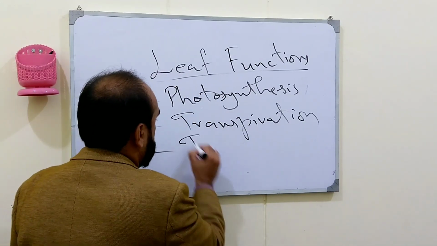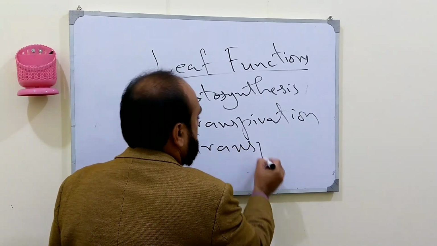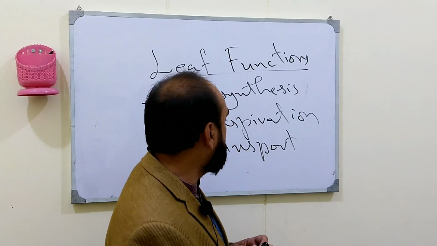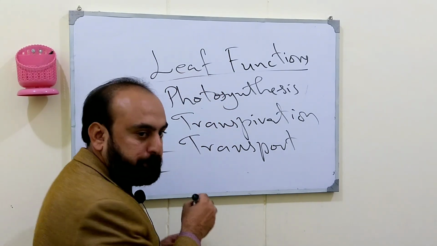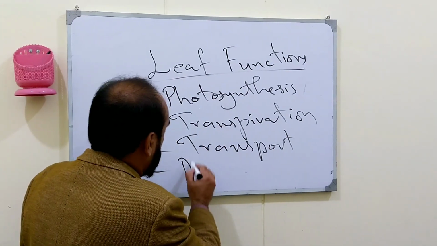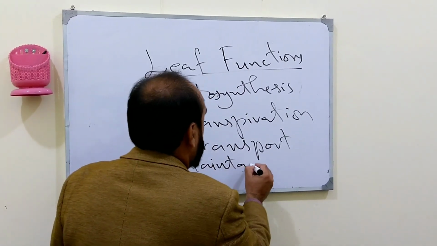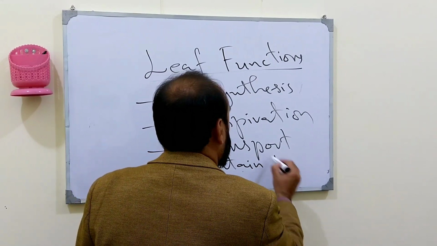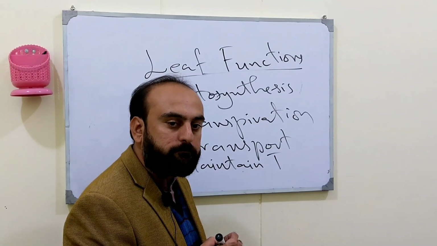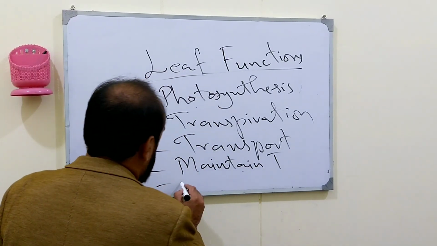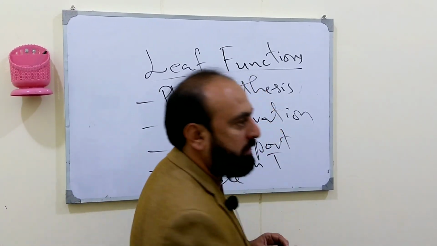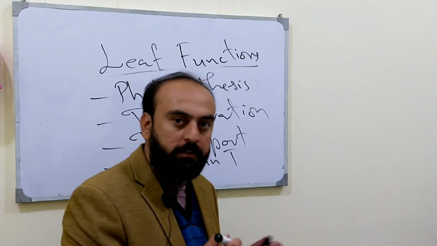They are a means of transport through their veins. They are connected to the vascular system of the plant. They are able to maintain plant temperature through the process of transpiration, and some of the leaves are edible, which makes them an important horticultural commodity.